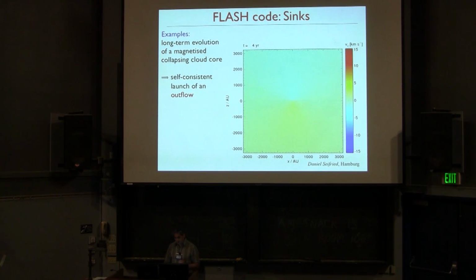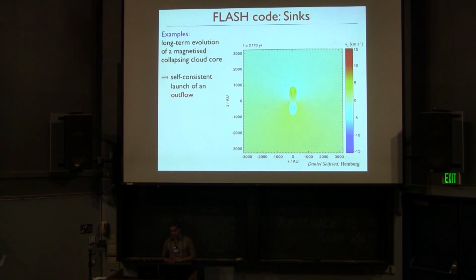And this gives the possibility also to follow self-consistently launched outflows for quite a long time. And here's a simulation showing the outflow velocity. Eventually it gets started, takes a while, and then you see how an outflow evolves here and gets faster and faster over time.